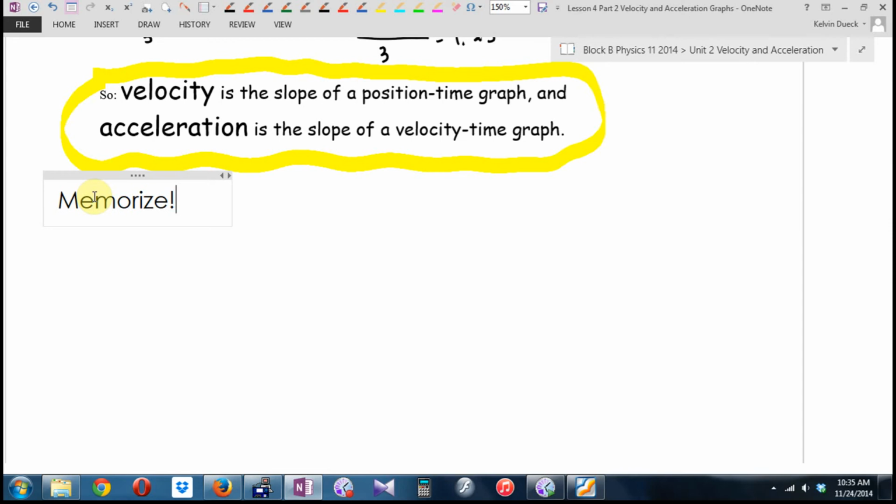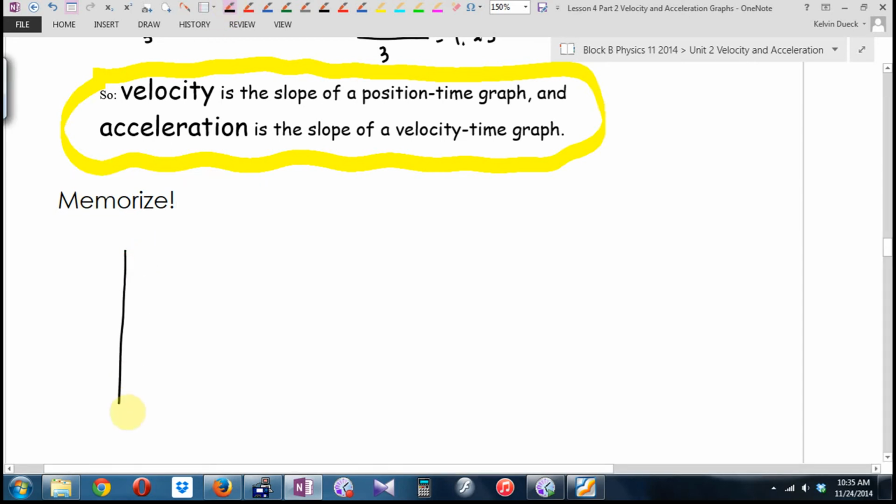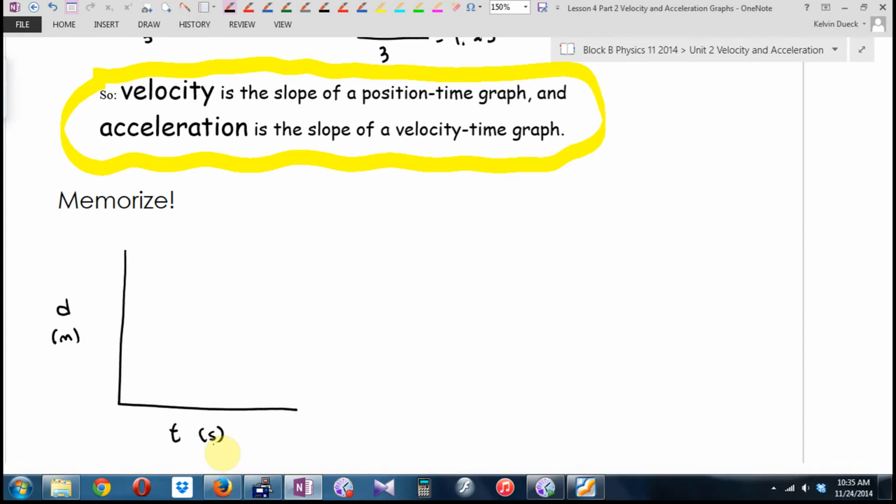Watch. If I give you a distance in meters versus time in seconds graph, what did you tell me slope was? What over what? Rise. Is rise vertical or horizontal? Vertical. What units are on my y-axis, on my vertical?